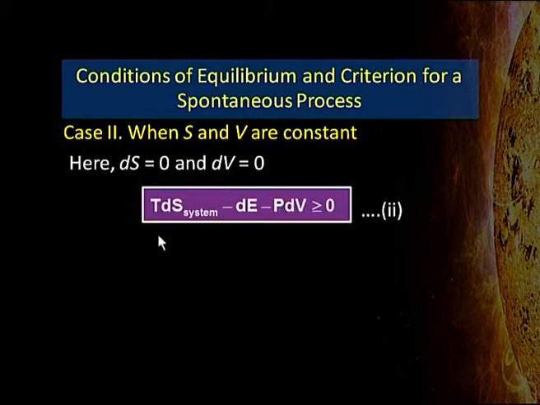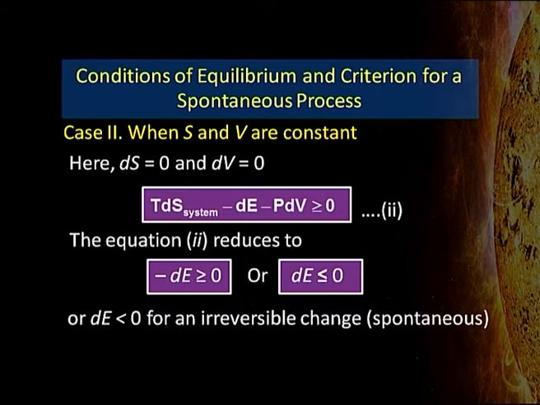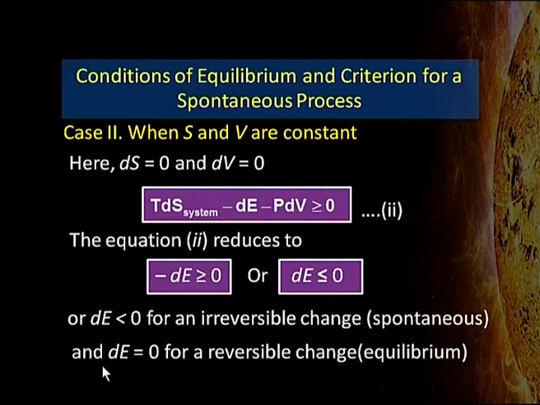On using equation 2, TdS minus dE minus PdV greater than or equal to 0, this equation will reduce to minus dE is greater than or equal to 0, or we can say dE is less than or equal to 0. dE is less than 0 for an irreversible change or spontaneous change, and dE will be equal to 0 for a reversible change or at equilibrium.